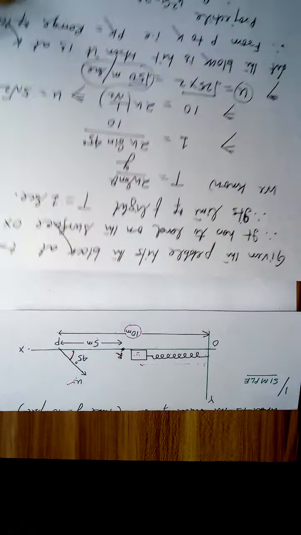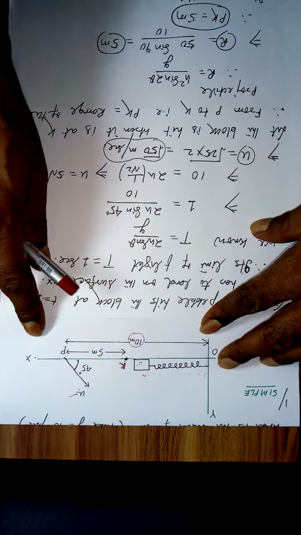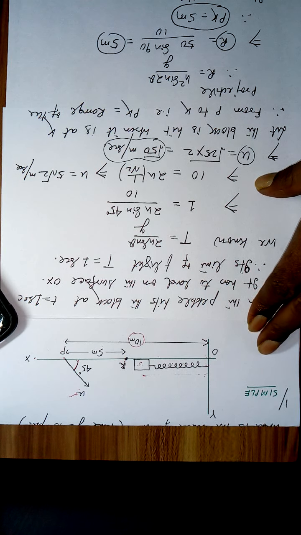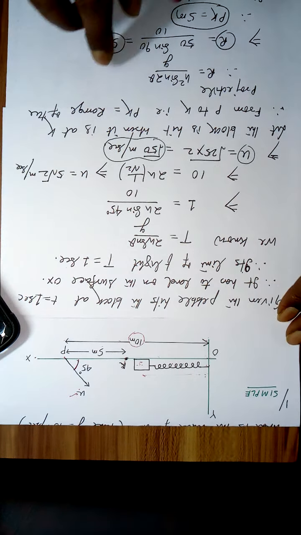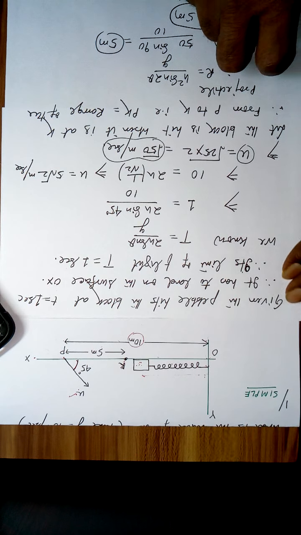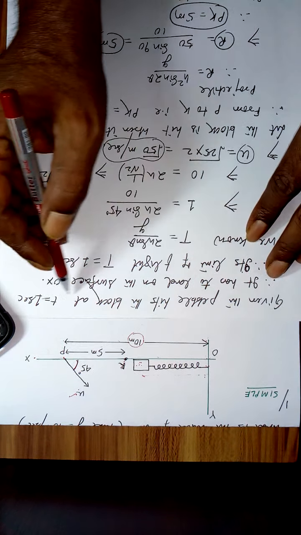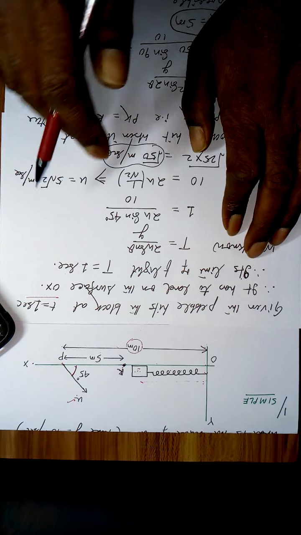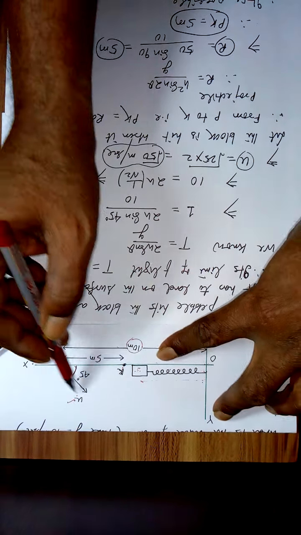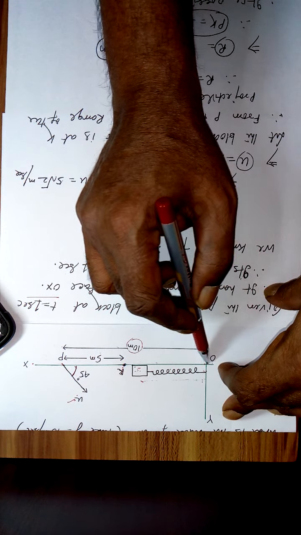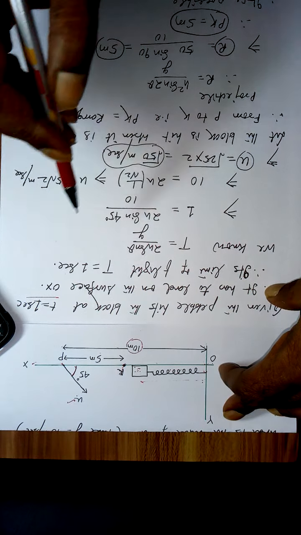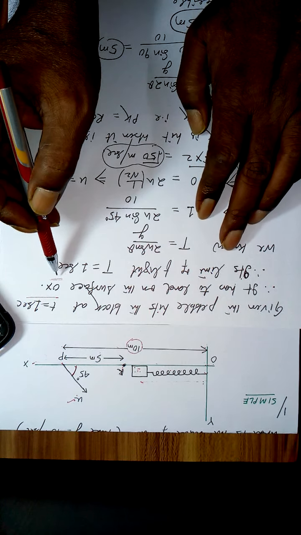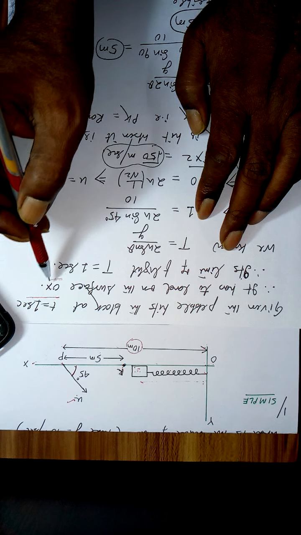Now look at the diagram. Given the pebble hits the block, as I just explained, at t is equal to 1 second. So, if the pebble hits the block, it has to land on this surface OX. It is given, it hits in 1 second.